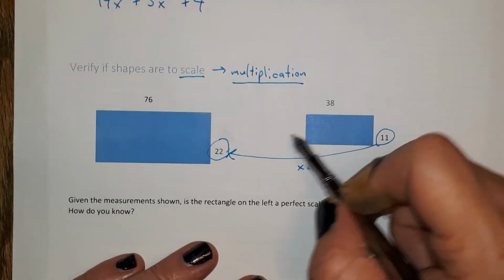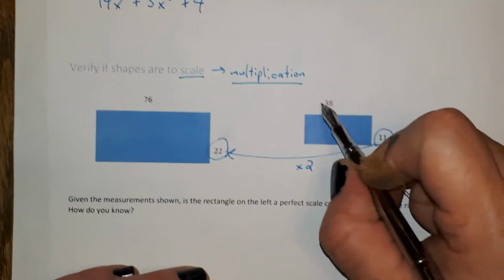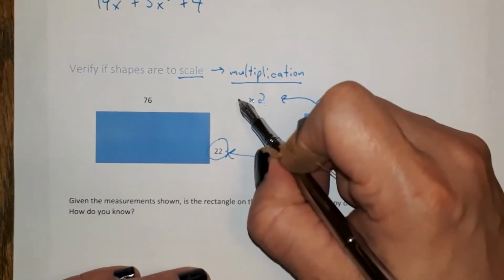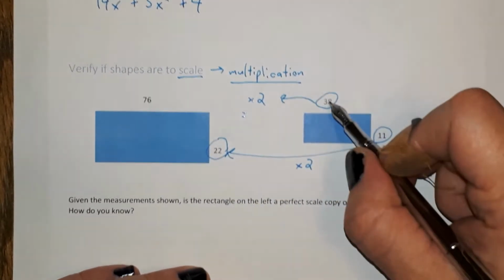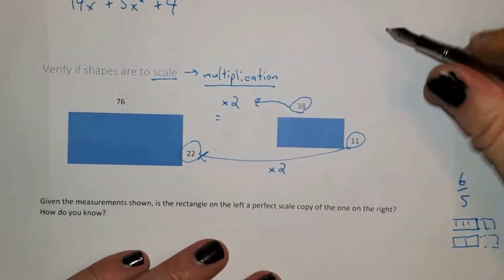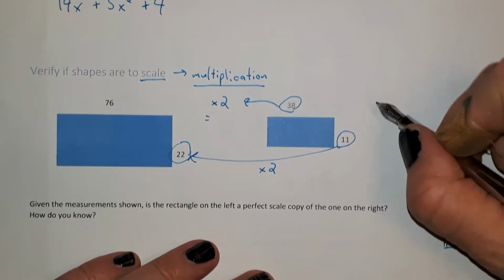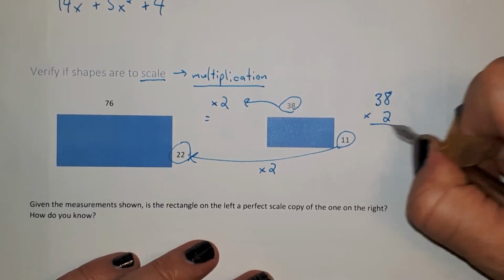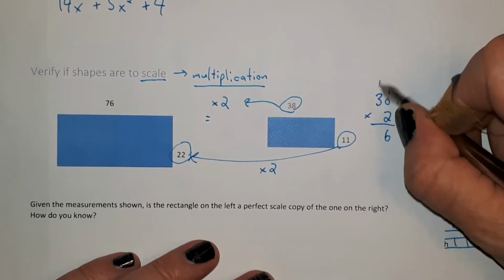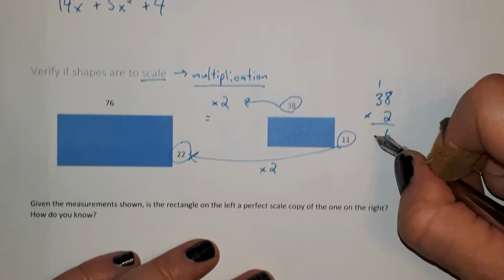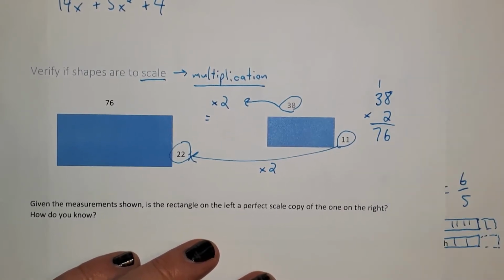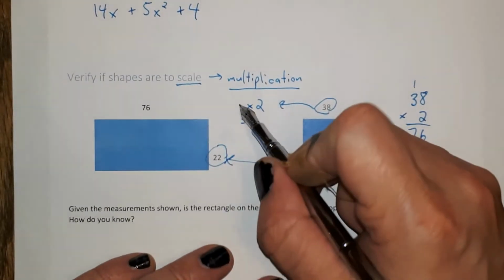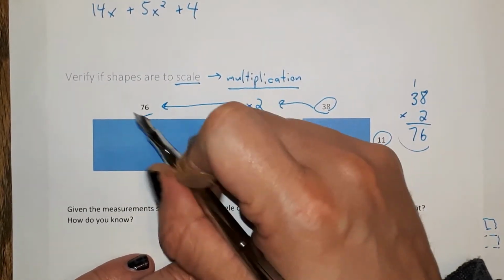If this is done correctly, then I should be also multiplying this by 2. But what would I get if I do this times 2? Let's find out. 38 times 2. I don't feel like grabbing a calculator. I'm going to just write this down and try to be fancy. Here we go. 3 times 2 is 6, plus extra 1, 76. Look at that. Glorious. Just like the glorious Soviet Republic.